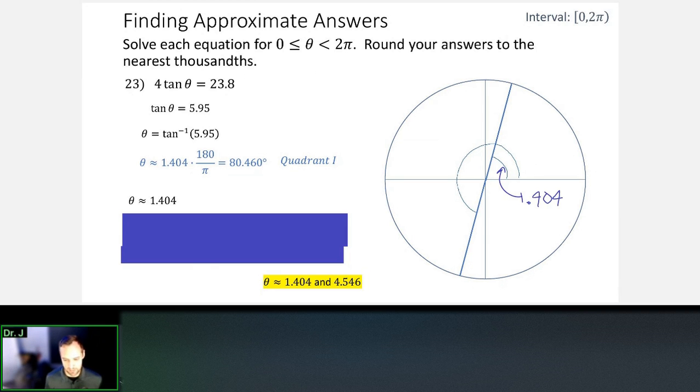And then to find the other angle, what did all of you do? Well, you probably looked at my work, so you really know the answer. But we add pi to it. No, we shouldn't add pi to it. Or actually, yeah, we do. You're right. Because this angle right here that I'm highlighting is 1.404.